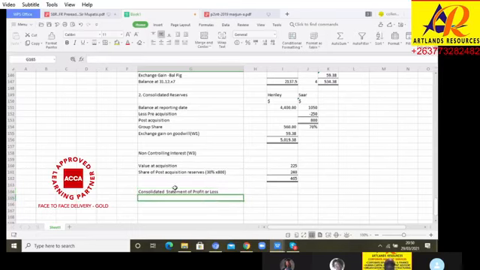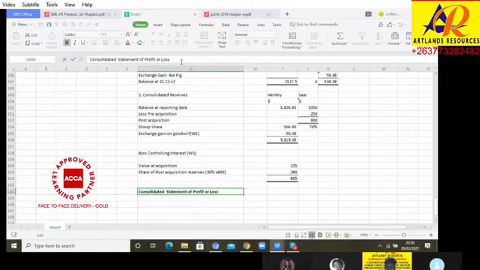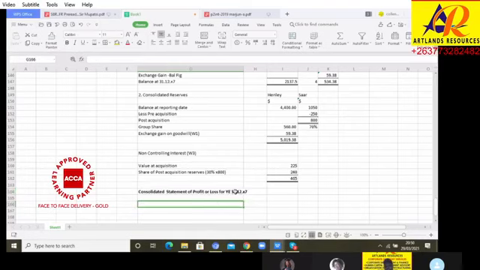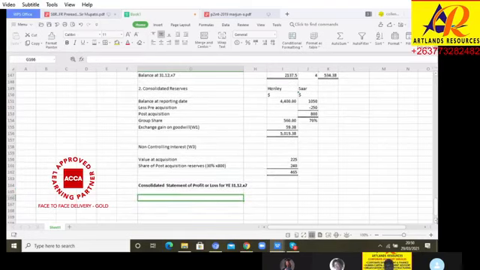Consolidated statement of profit or loss. So there you go. It's again for the year ended 1 December 7. I'm not lazy at all. Notice how I am attentive to detail.